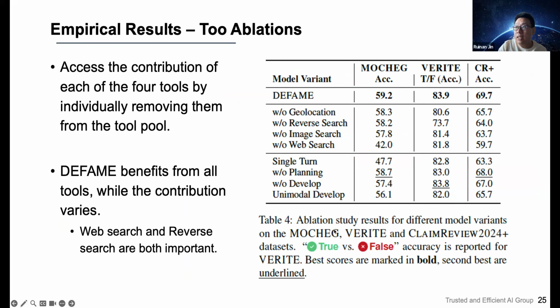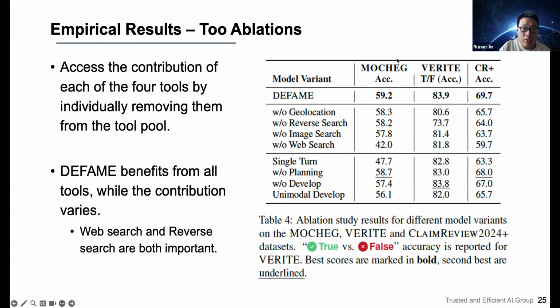And next, they try to perform ablations from two perspectives. The first perspective is about these four tools. So they evaluate the contribution of each of the four tools by individually removing them from the pool.